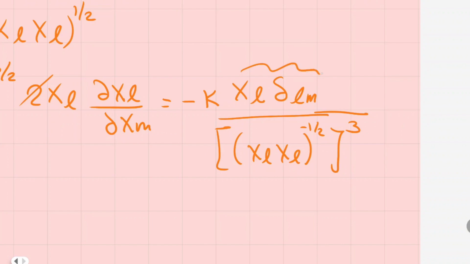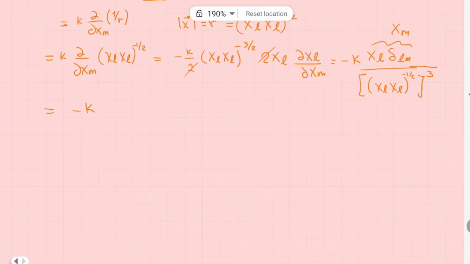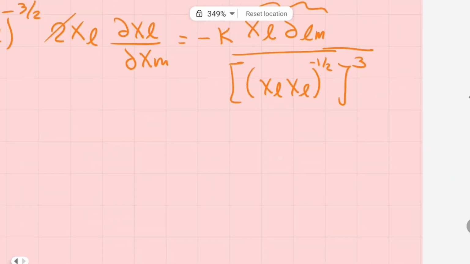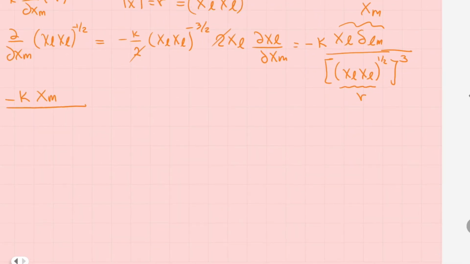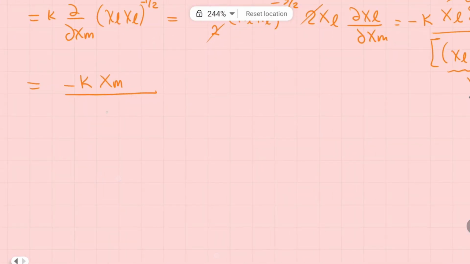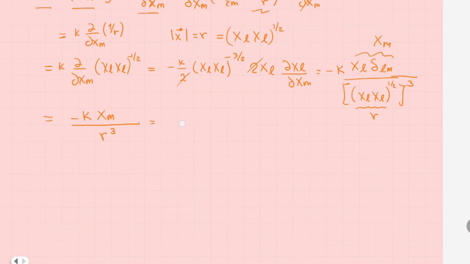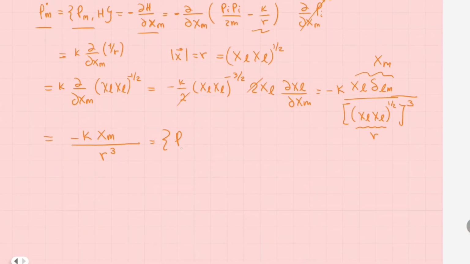So just xm is going to survive. Okay, so this is equal to xm over, and this quantity that we have here, which is positive, is r, and we are going to have r to the 3rd power. So this is equal to the Poisson bracket between pm and h.